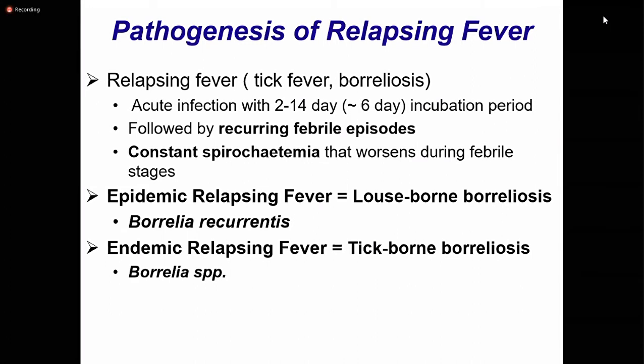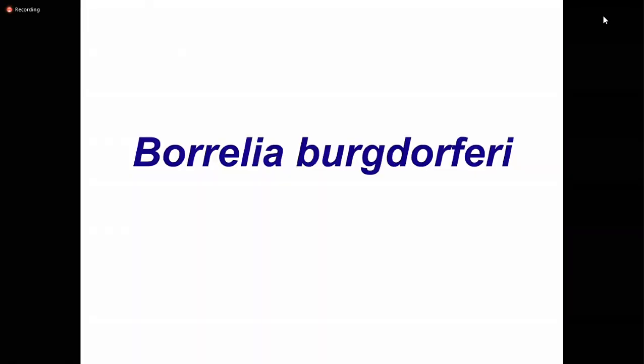It is an acute infection for a few days, which is the incubation period, followed by recurring febrile episodes. From the name, relapsing fever means fever comes for a few days, disappears, and then comes again, and so on. In relation to epidemic and endemic, the main difference between the two is that one is transmitted by lice and one by ticks as the vector.